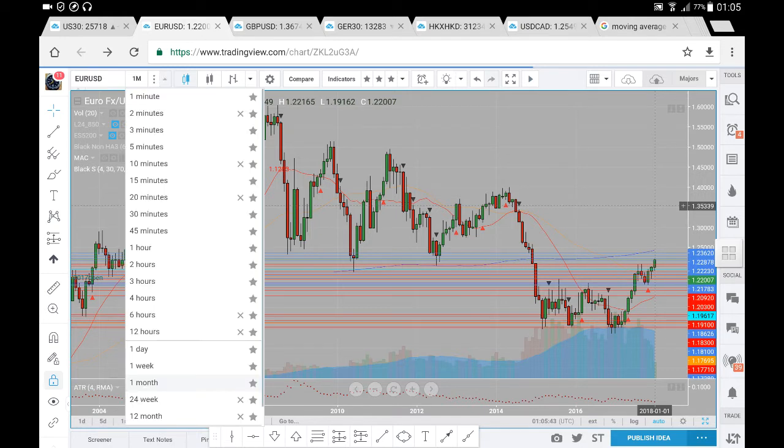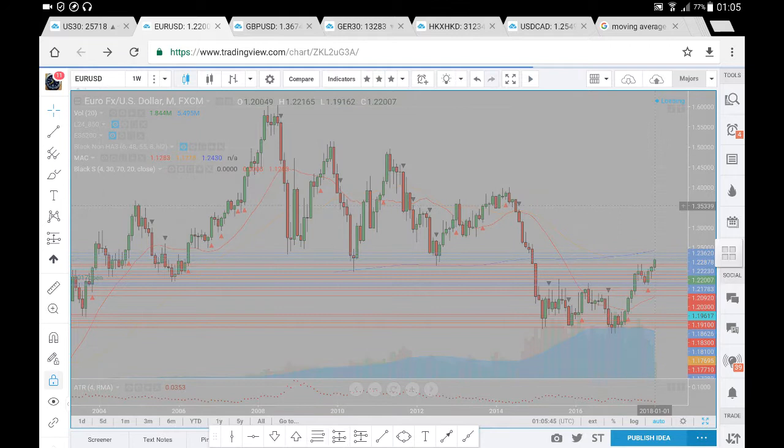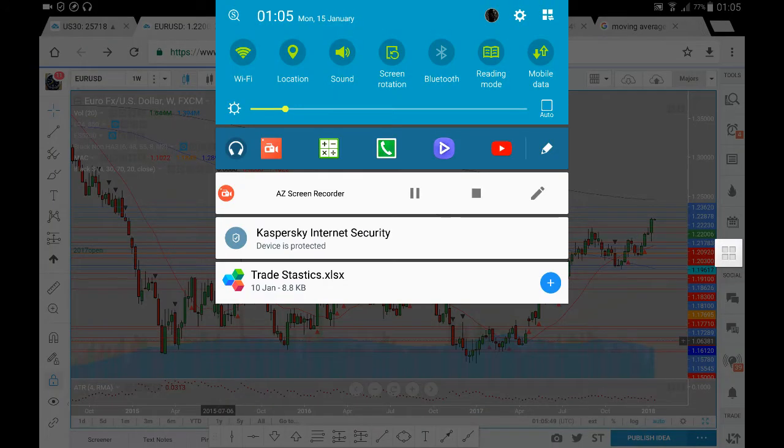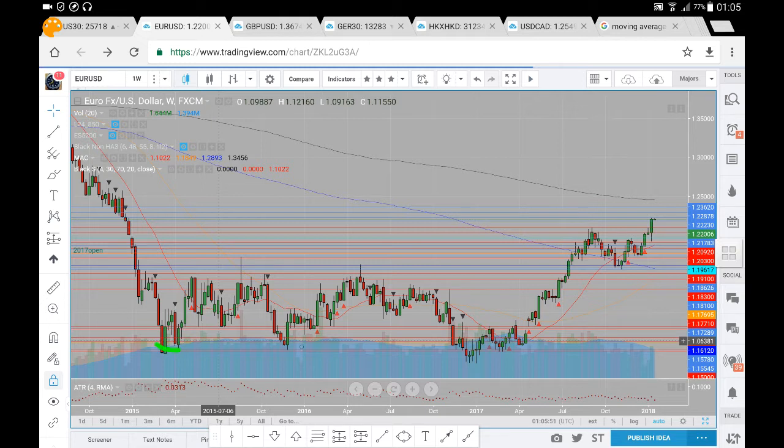Now let's just have a look at a weekly time frame. On the weekly time frame, we've had a test, upside continuation. We've had a gap up in the market, had a pretty strong run. Had a pullback down, slow price action along the 200-period moving average before catching another bid.